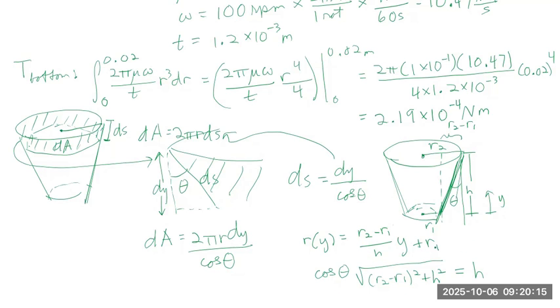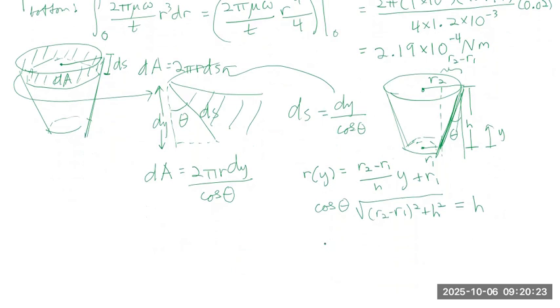The hypotenuse times cosine theta is equal to h, and we can thus solve for cosine theta. Cosine theta is equal to h over the square root of (R2 minus R1) squared plus h squared.